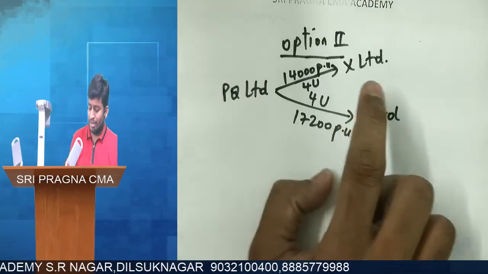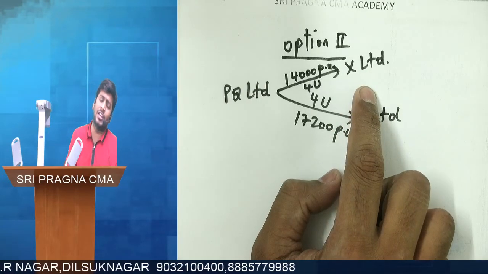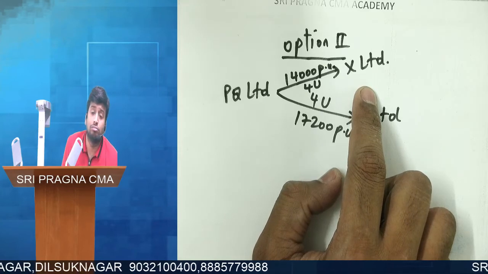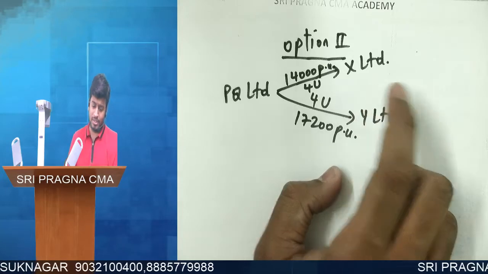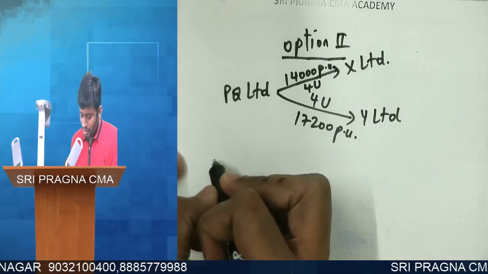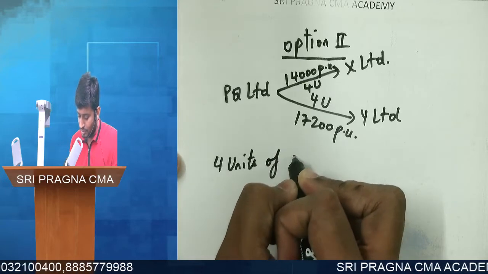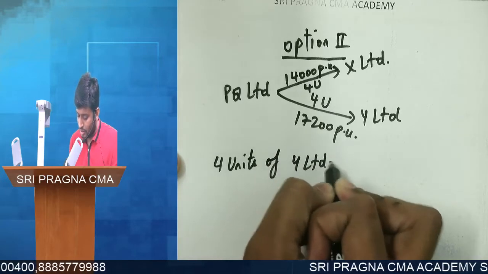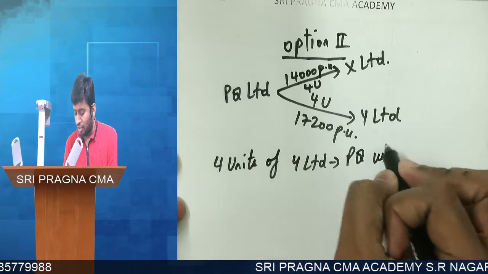One more point here. Their workers also have a learning curve of 80%. Now listen. 4 units PQ will manufacture.